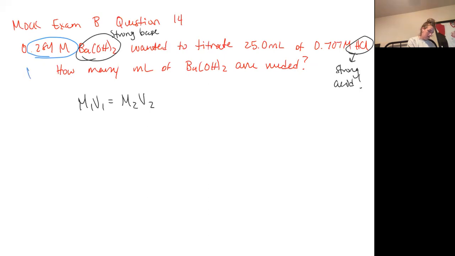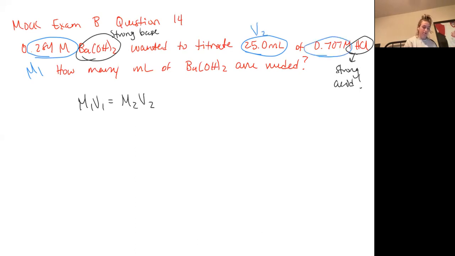What about 25 mL, what can we denote that as? Good. So if 0.284 molar is M1, then we want it to be V2, because the 25 milliliters is talking about the acid. So we want to make sure that we keep our M1s and V1s either with your acid or with your base. So even though it's the first volume we see, we're going to use that as volume 2. So this will be V2.